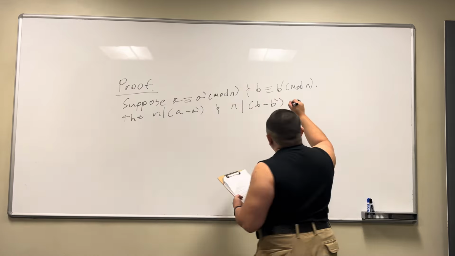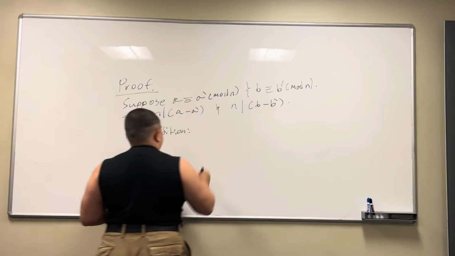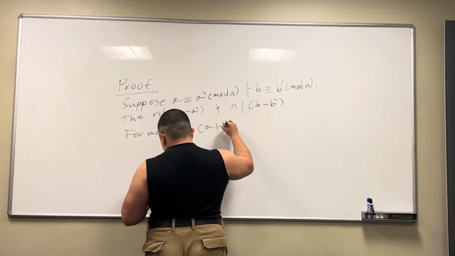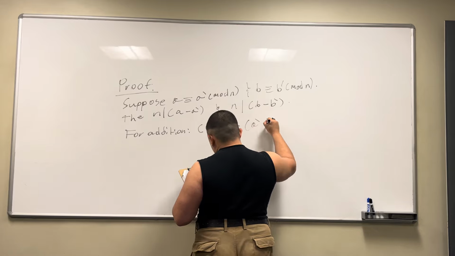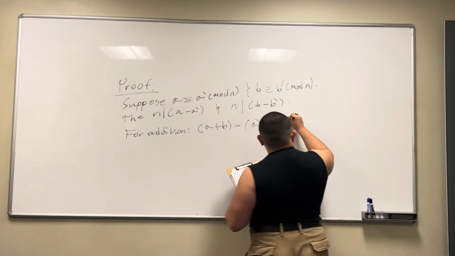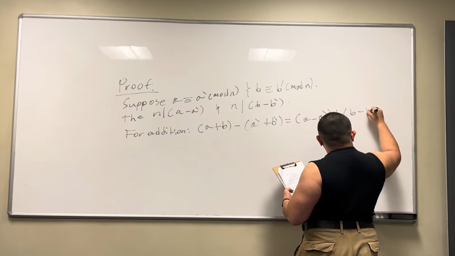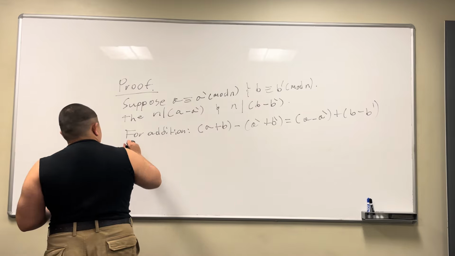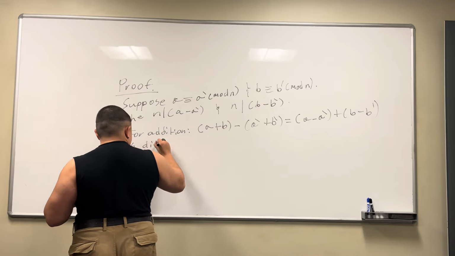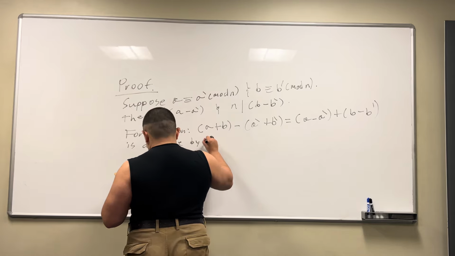For the additive case, for addition, what we are given is A plus B minus A prime plus B prime, which is equal to A minus A prime plus B minus B prime, which is divisible by n.